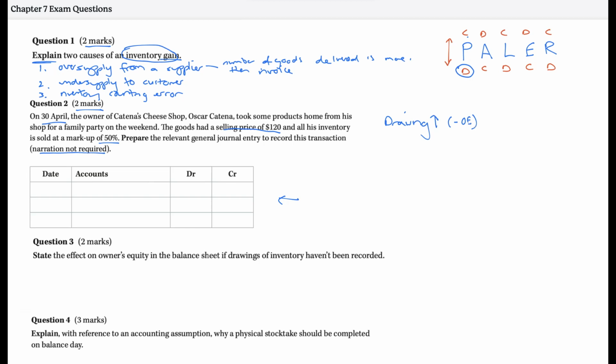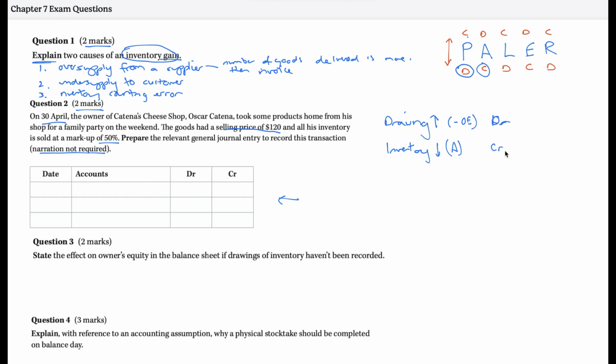So drawings going up is going to be a debit. Now then we have to think what has left our business, and this is, of course, in the topic that we are doing. Our inventory will go down. That is an asset. Assets going down, of course, are credits.